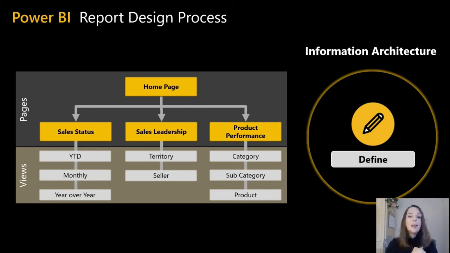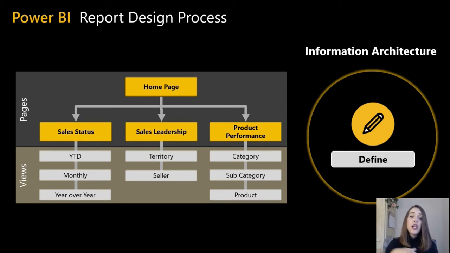In this example here that you see in the slide, we have sales data. We decided we are going to create a home page to help users navigate your report, and also it looks a lot nicer. Then we will have 3 more pages below that: one for the sales status, another one for the sales leadership, and a last one for the product performance. Each one of these pages will have different views.